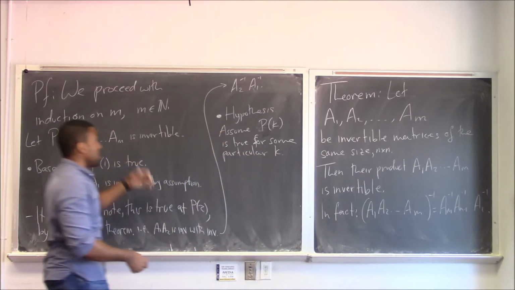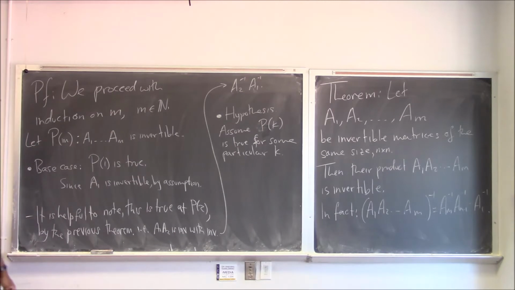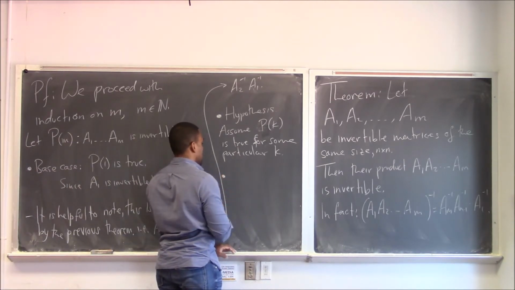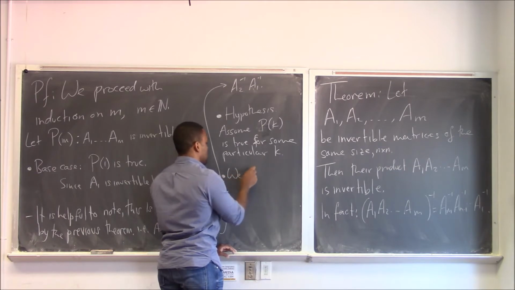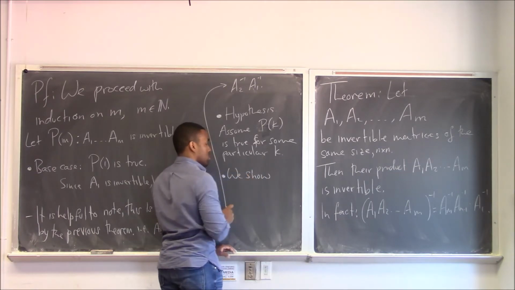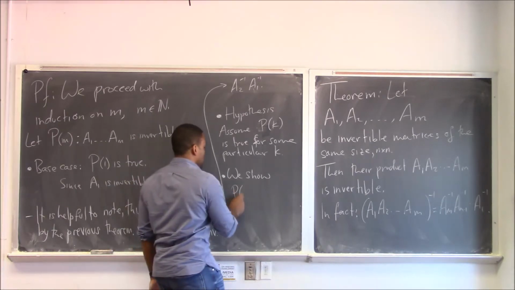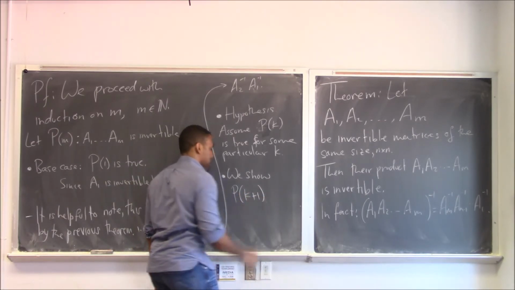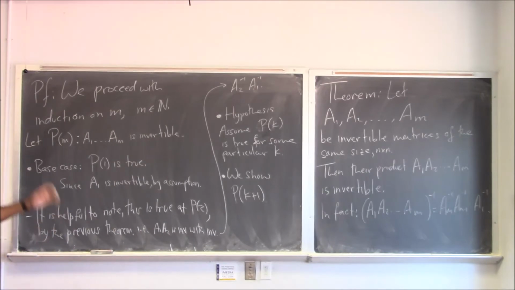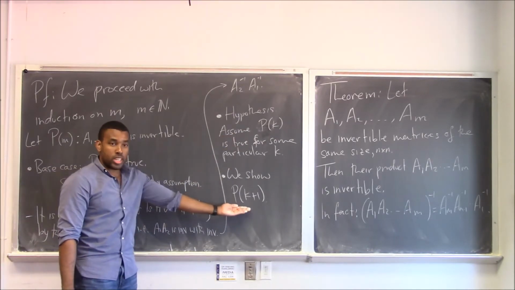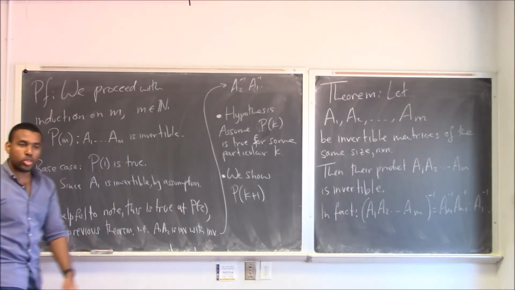So pretend the statement holds for some k. Then what you need to do is show P(k+1), that it's true for the next one. So it's true for the first one. If it's true for any one, it's true for the next one. Ultimately, that means it's true for everyone.